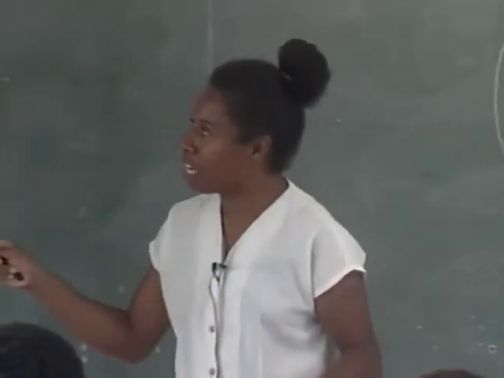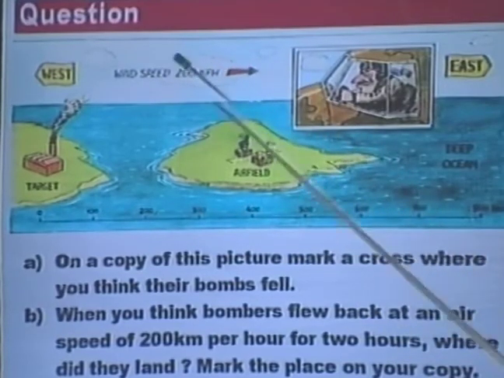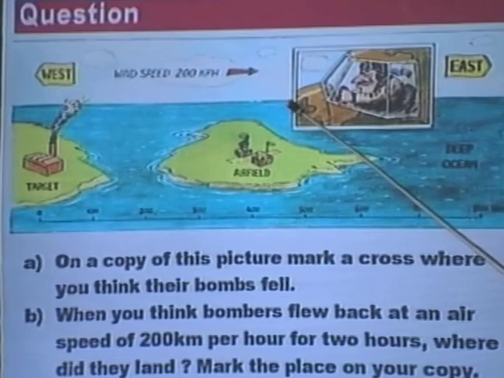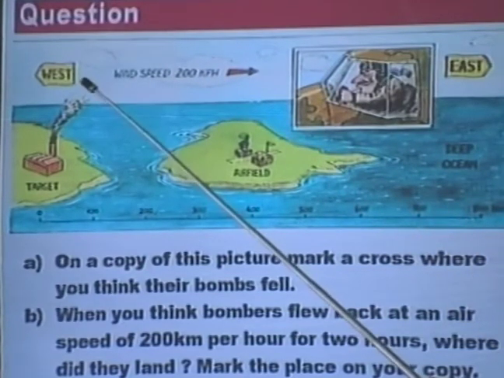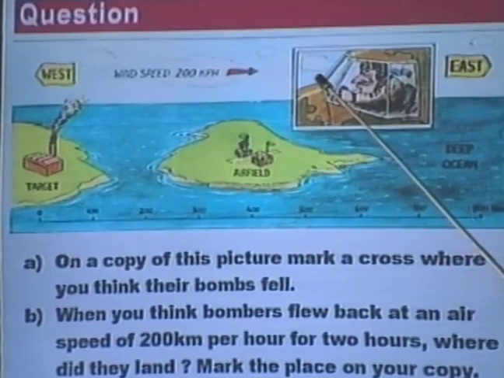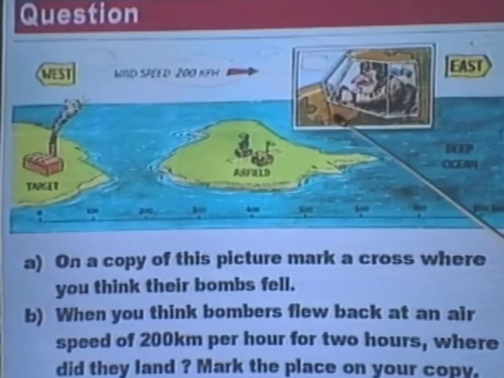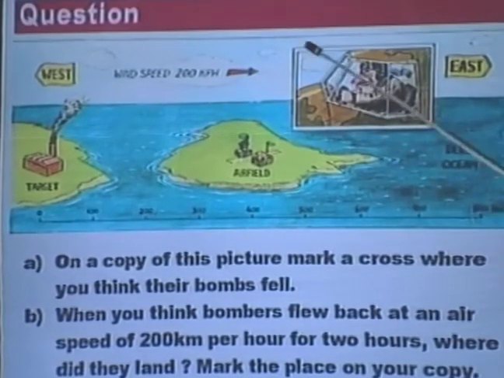So the plane takes off to about that height. It flies at a speed of 200 kilometers per hour. It's flying west. At the same time, there are easterly winds that are blowing at a speed of 200 kilometers. There is an equilibrium force. Therefore, the pilot thinking he's advancing is stationary.